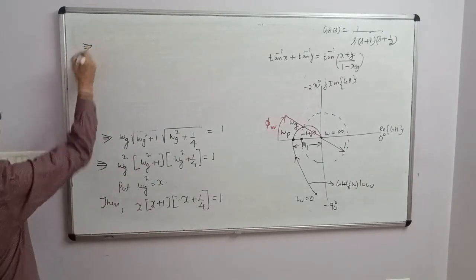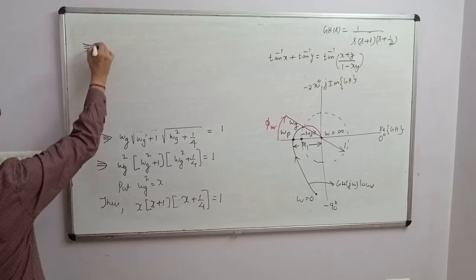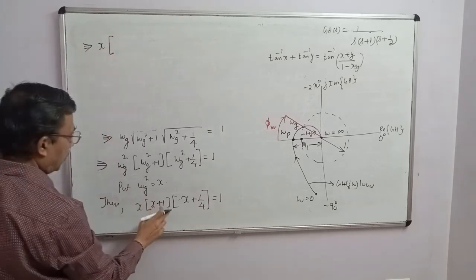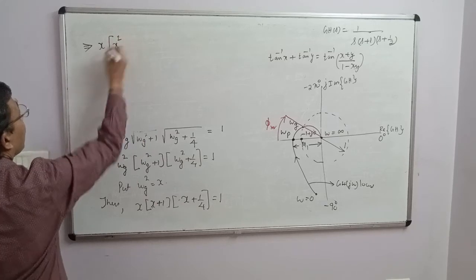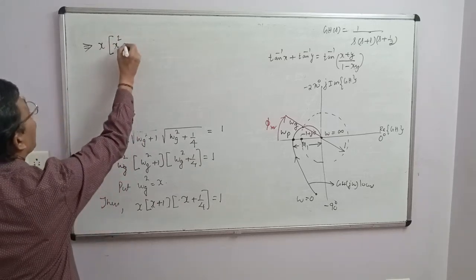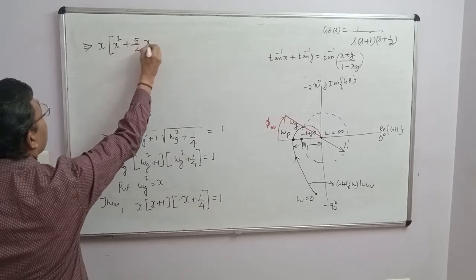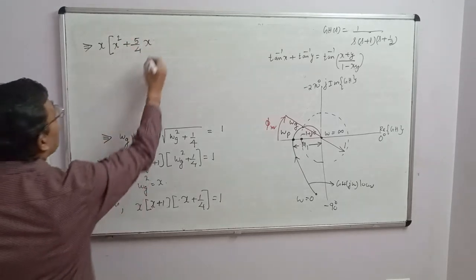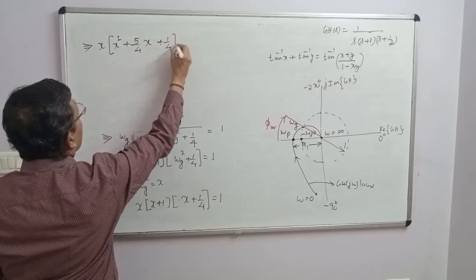This implies, remove the brackets, x into x square plus 5 by 4 into x plus 1 by 4 is equal to 1.